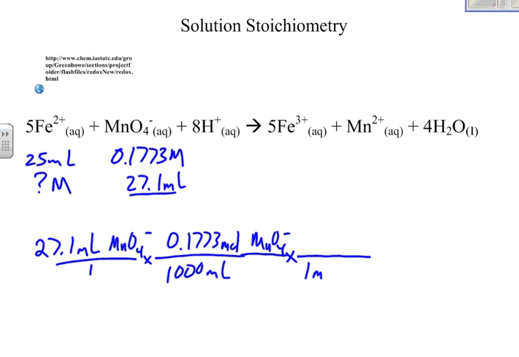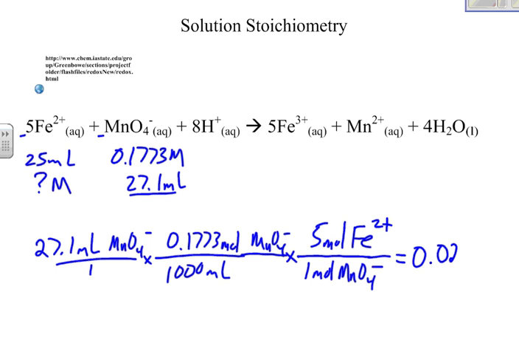So we know that for every 1 mole of the permanganate, we must have reacted 5 moles of the iron. Again, we just use the coefficients in the balanced equation. And if we do the math there, we end up with 0.0240 moles of the Fe2+ that we started with.